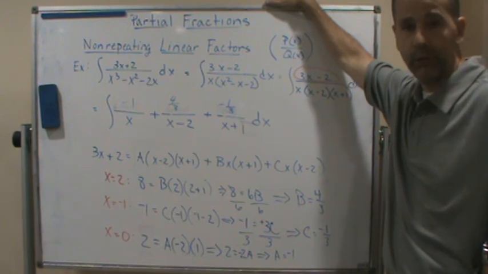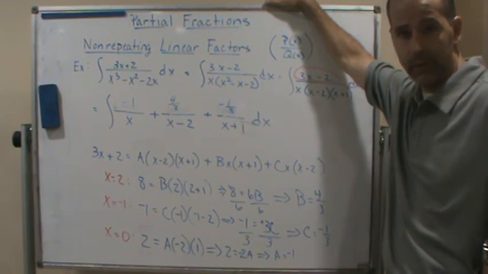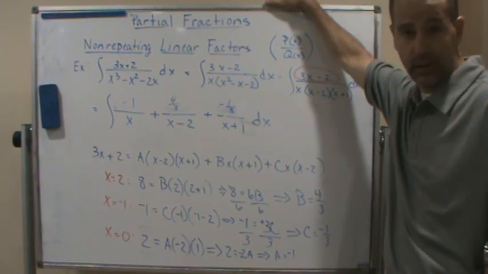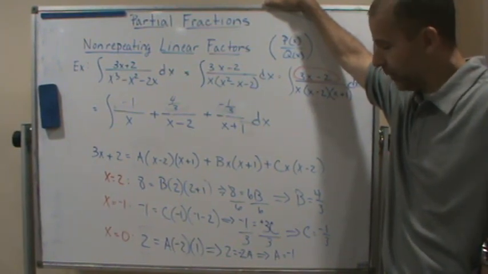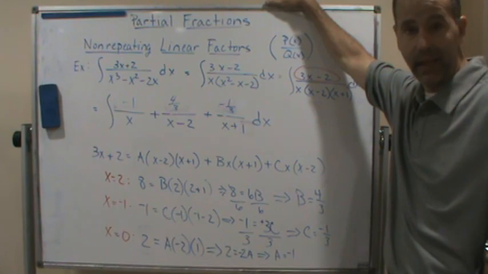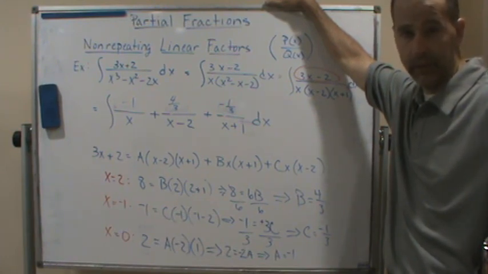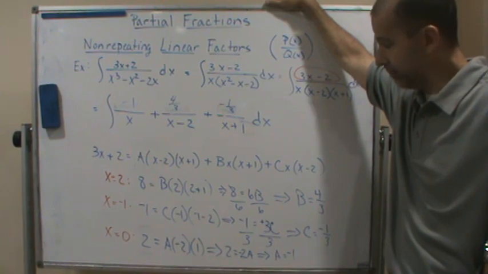So if you do opt for the method of substitution, one, make sure it's set up correctly, but also make sure that you check algebraically that those constants do work, by combining things.